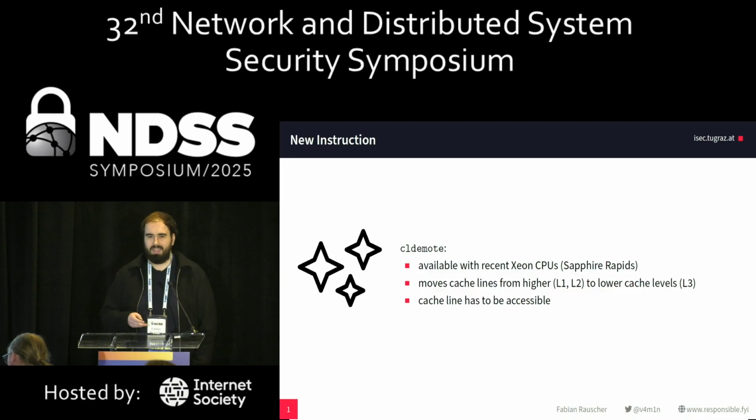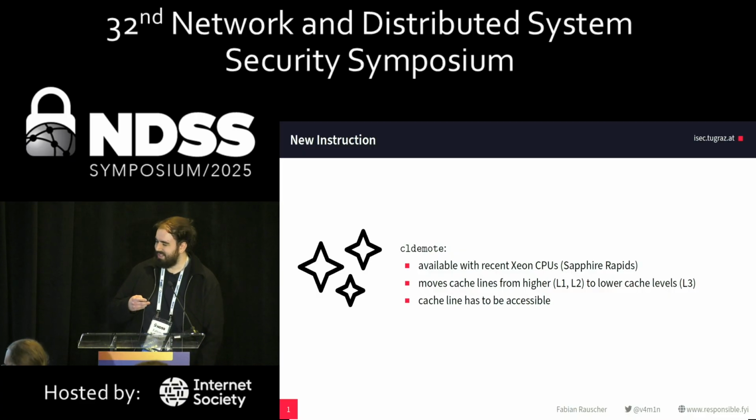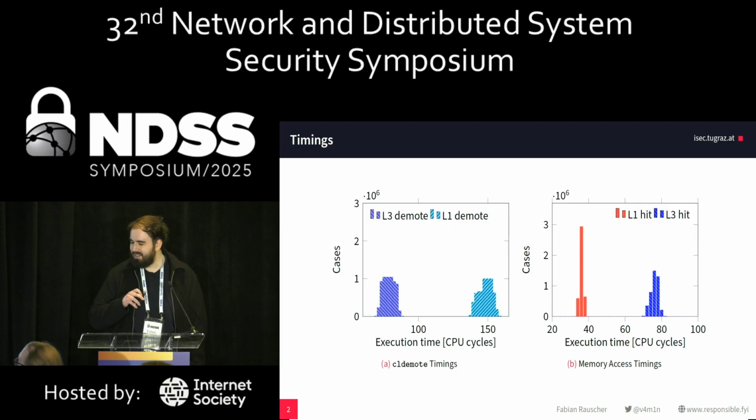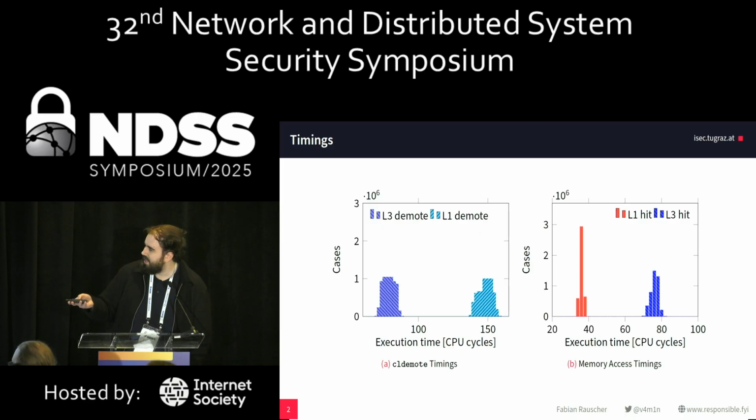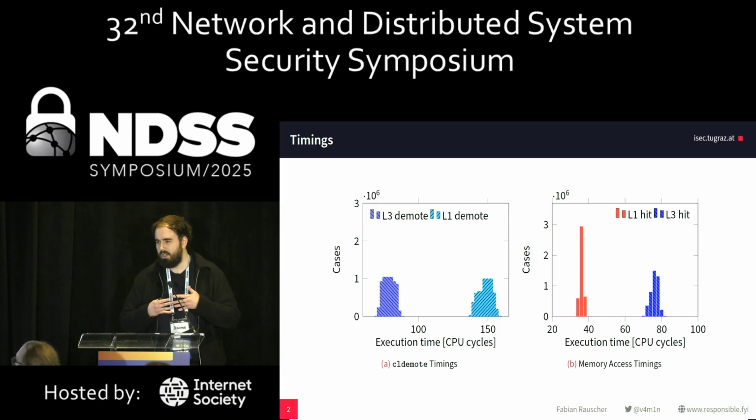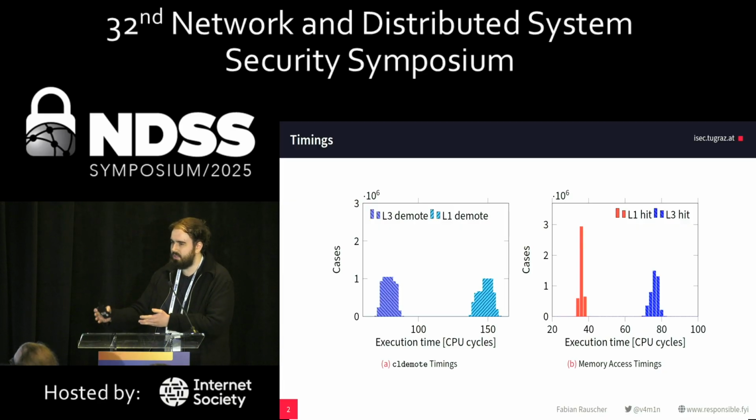Okay. And since this sounds very similar to CL-Flush, we can do some similar stuff here. So here are some interesting timings. The left graph is just timing the CL-Demote instruction. Depending on if the cache line is in the L3 over here or the L1 over here, the timing differs. If it's in the L1, CL-Demote takes longer because it has to move stuff to the L3.